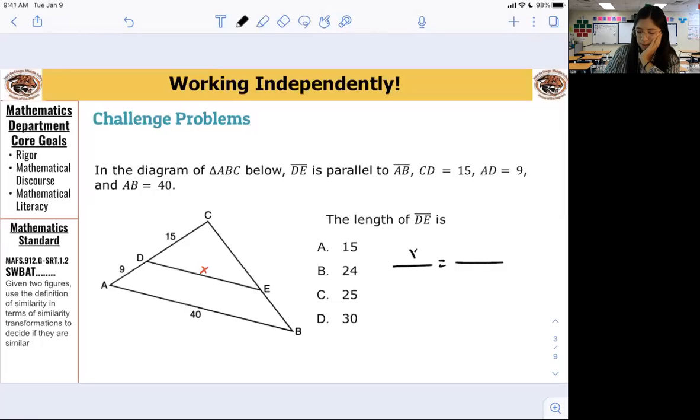So X over 40. And Jalen, finish off the other side. I put 9/15 for mine. Okay, be very careful because I'm doing small over big. So match what Tyrone started with. That is small. 9/15. Small over big.